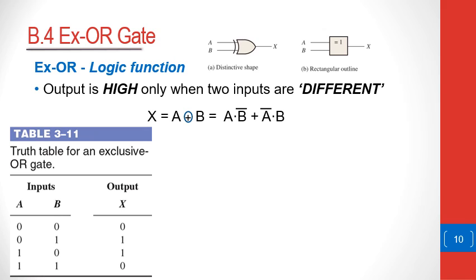An exclusive OR gate is like an OR gate with a small ring at the back, as you can see, or the IEEE symbol will be a box with an equals to 1, which means the output of the XOR gate is 1 only when exactly one of the inputs is high, in this case if it has 2 inputs. The expression for the exclusive OR gate is a plus with a circle around it, which is then equivalent to this following expression.